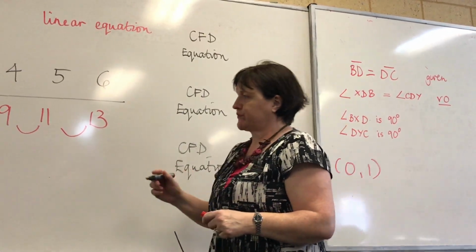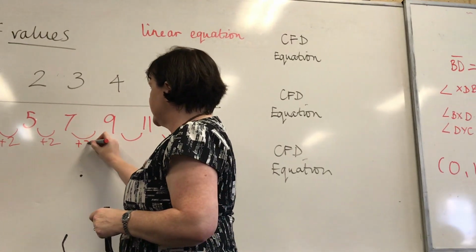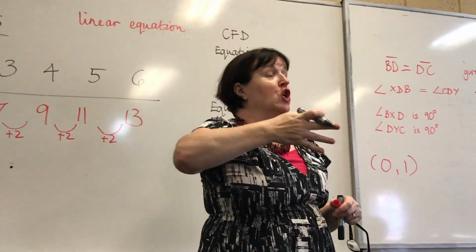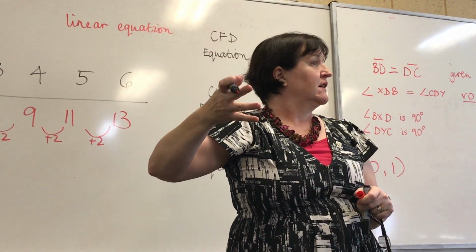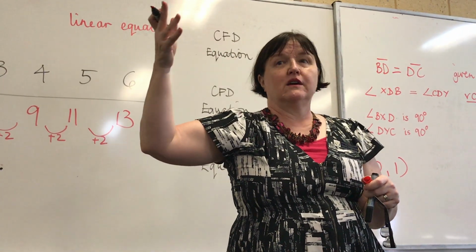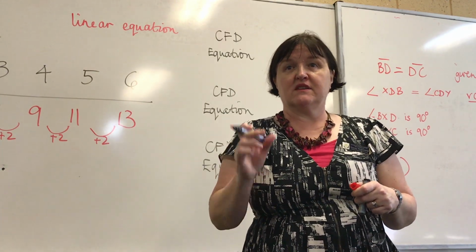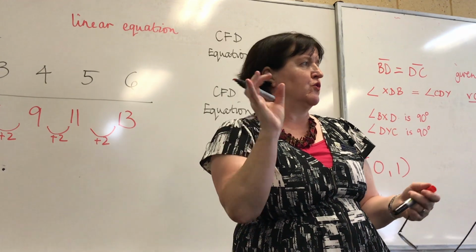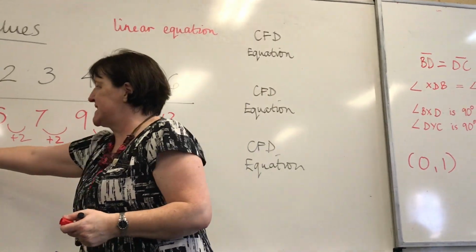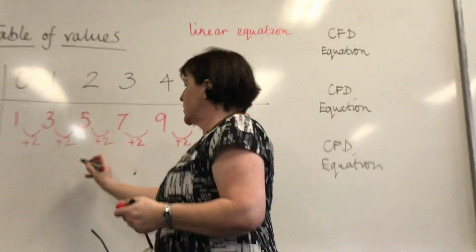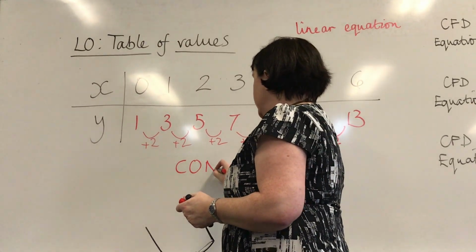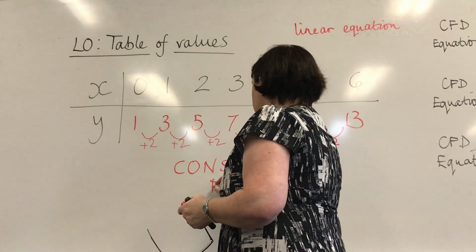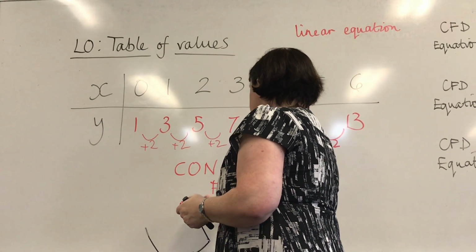Okay. So here, because these are all the same, it's got a constant that it's going up by. It means the value is constant. That means it's the same. Do you remember we've learned that word before? So this difference here is called the constant first difference, and I want you to write this down.